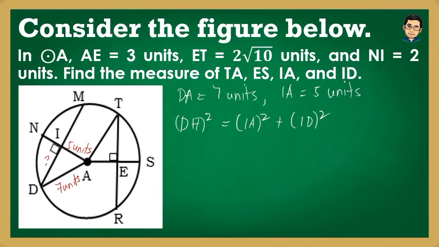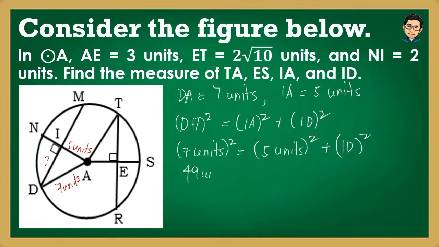So, DA, 7 units squared is equal to the measure of IA, that is 5 units squared plus ID or quantity ID squared. And then 7 times 7, that is 49 square units. And then equals 5 units times 5 units, that is 25 square units. Plus the quantity ID squared.